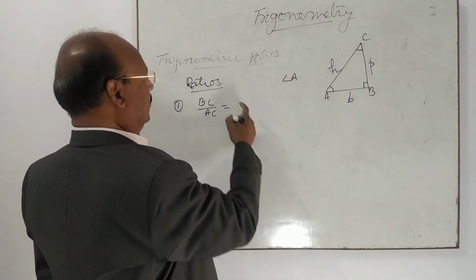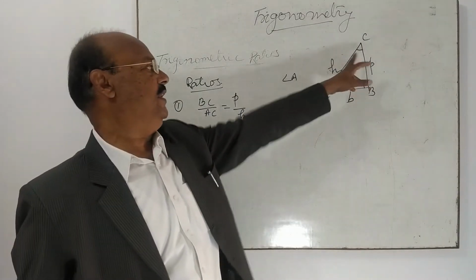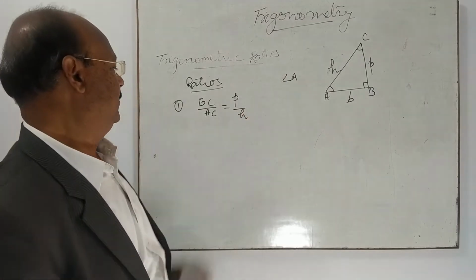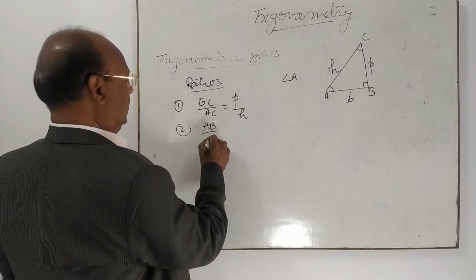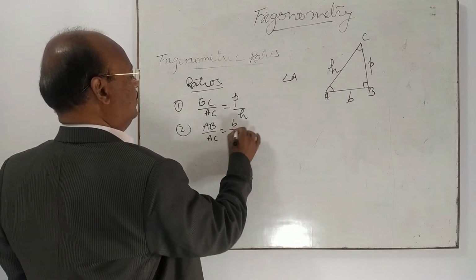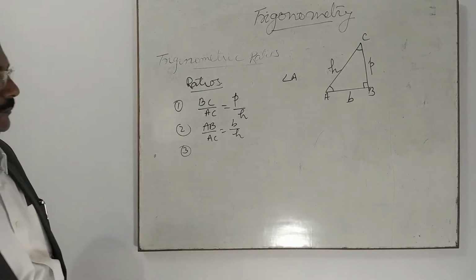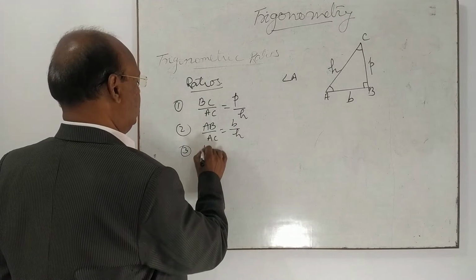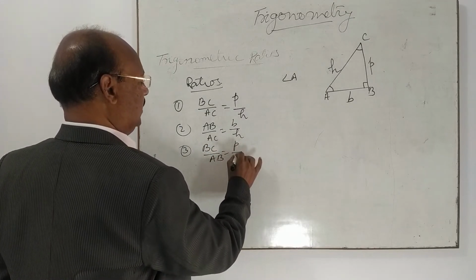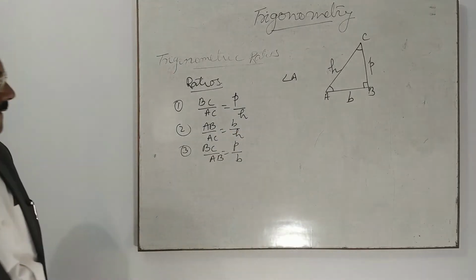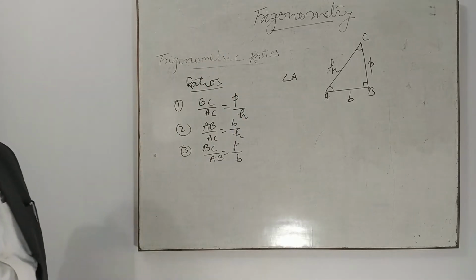In this case, we can write P by H. BC is P and AC hypotenuse is H. Second, AB by AC. This is B by H. Third is BC by AB, that is P by B. These are three ratios. We'll get another three ratios also.